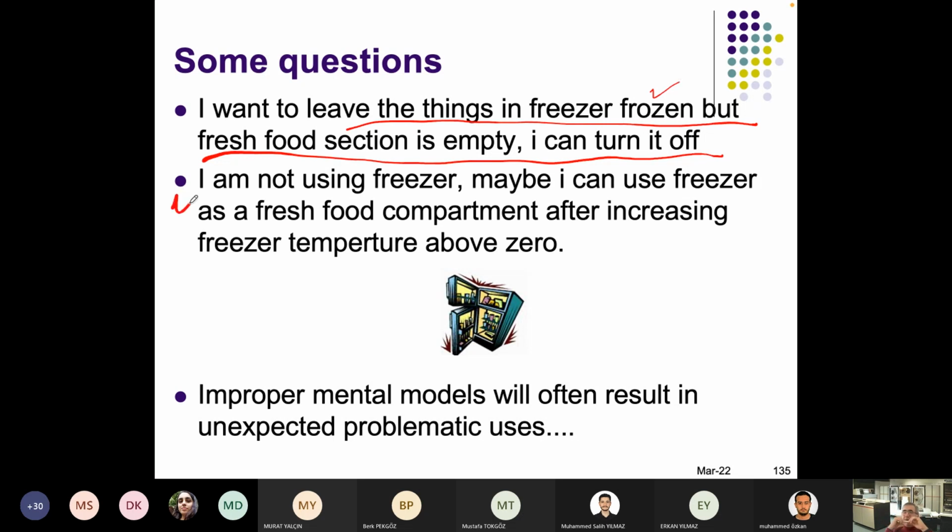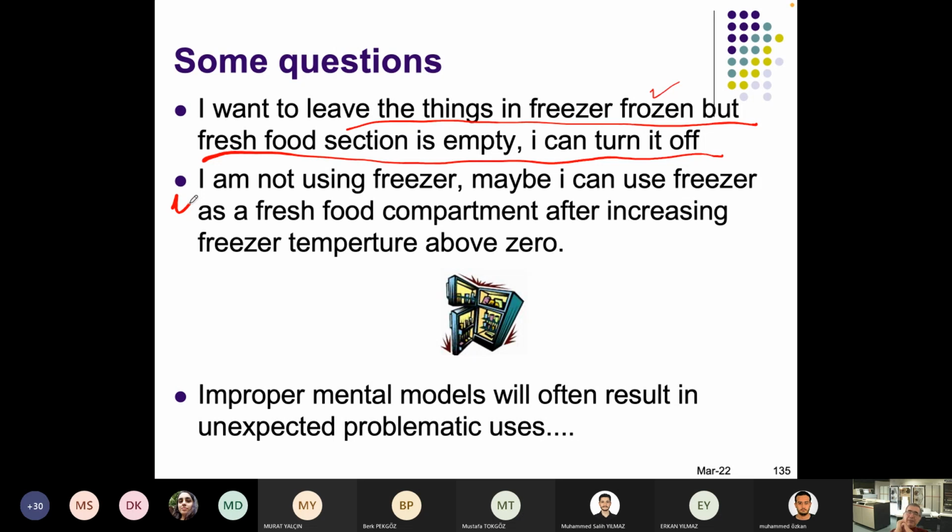Second idea is, I'm not using freezer. Maybe I can use freezer as a fresh food compartment after increasing the freezer temperature above 0. So since they are separate things, can I use it differently? The answer might be yes.